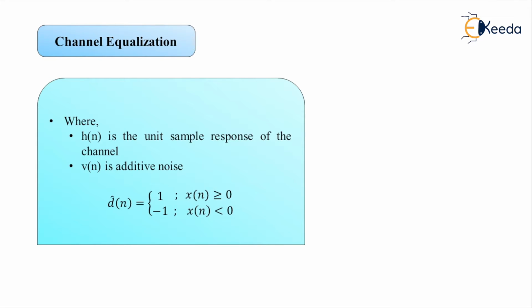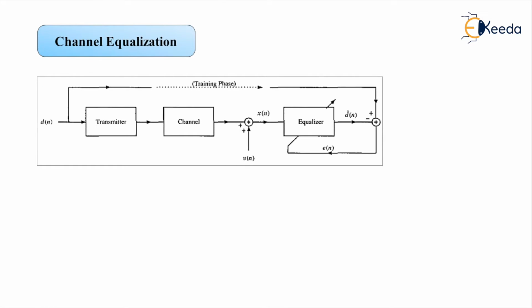So let us visualize a simplified block diagram of the digital communication system that we have just discussed. Here it is, the transmitter section on the left hand side. There it is, the communication channel through which the signal is transmitted to the receiving section, and in the receiving section we have shown the equalizer block. The notations we carry forward: d of n, the desired signal to reach the destination, where with the help of the equalizer we denote d cap of n.